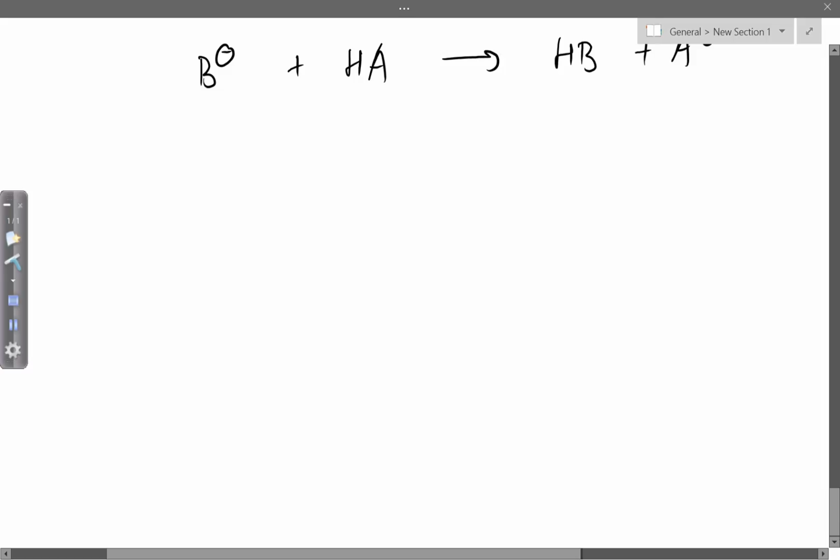Also take note, sometimes questions can be a bit tricky, because organic chemists do not know how to balance equations. That's a fact. They tend to be lazy. They write something like A plus C, A plus X2, gives AX.